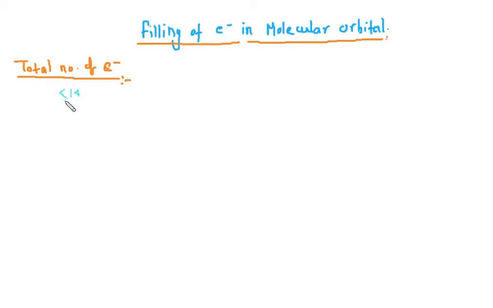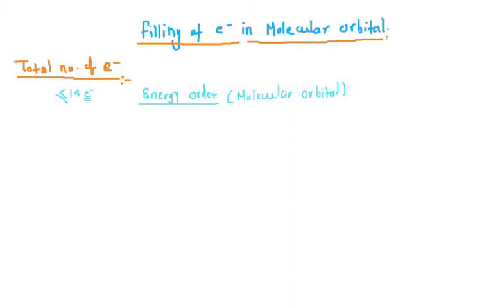For the species having less than or equal to 14 electron, for that the energy order of molecular orbital is as follows. So let's start with it.